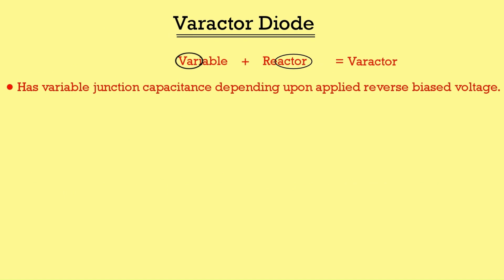Another common type of diode is the Varactor diode, which comes from two words, variable and reactor. This specifies the property of this diode of having variable junction capacitance, which depends upon the applied reverse bias voltage.